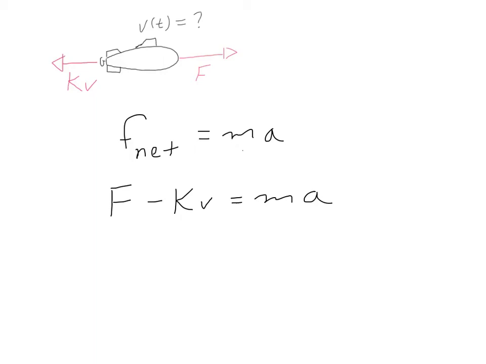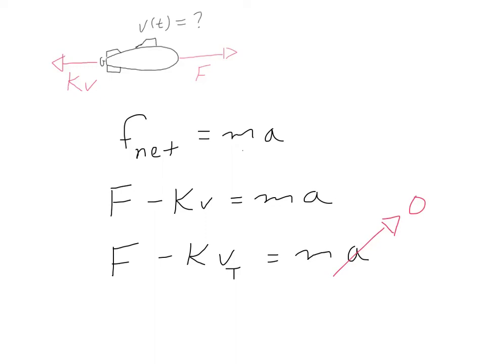Now let's look at our original problem. Remember, in our original problem, we turn on the motor, and it's going at the initial velocity. The faster the submarine goes, the more drag force there is, and if you think about this, eventually it'll go so fast that the drag force exactly cancels out the motor force, and that's called its terminal velocity.